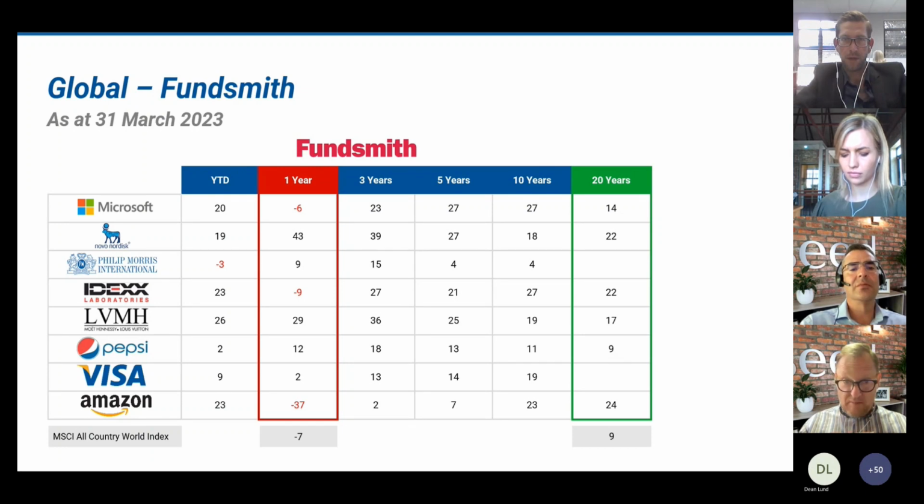But it's an incredibly well run business, and it came out with some results again the other day, and it just keeps beating the quarter results ahead of what the market was expecting. And over 1 year, it's up 30%, and this is obviously to the end of March, and it's been an incredible business.